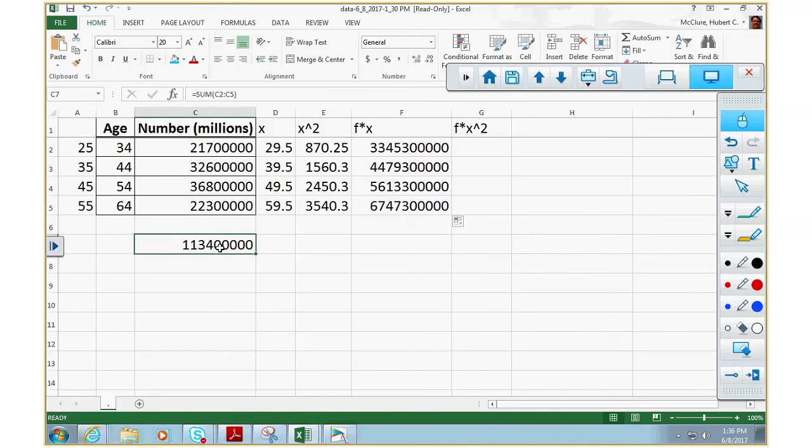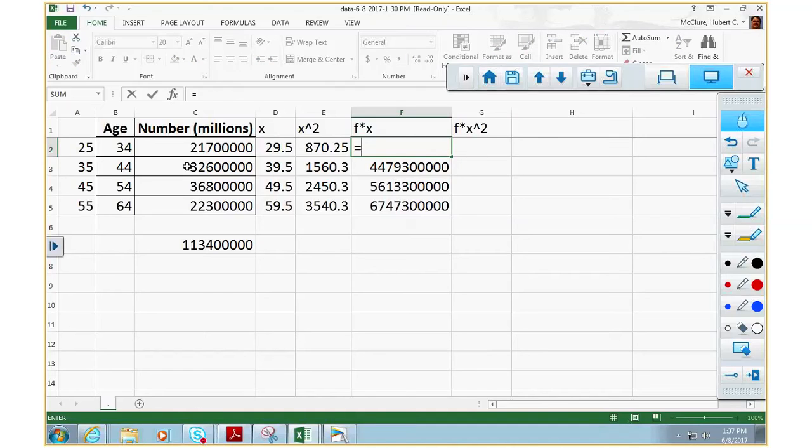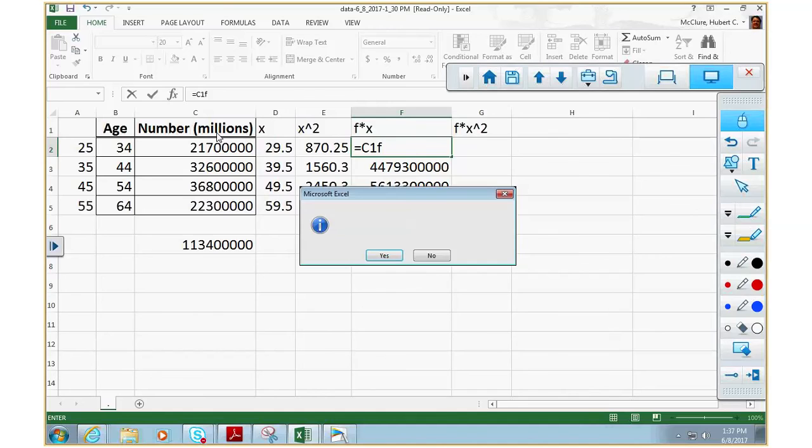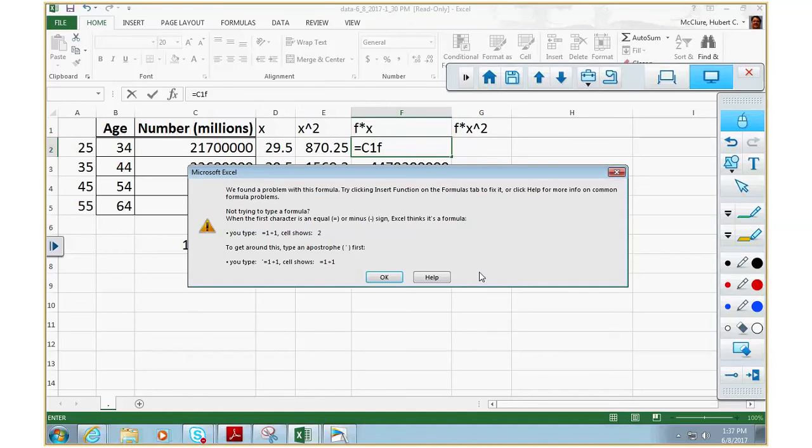F4 locks that number right there. I was having trouble with it the other day. F4. Did you do C2 times? I'll check it. Hold on. F. That F is okay. I'm sorry, that's F. I can't change it.